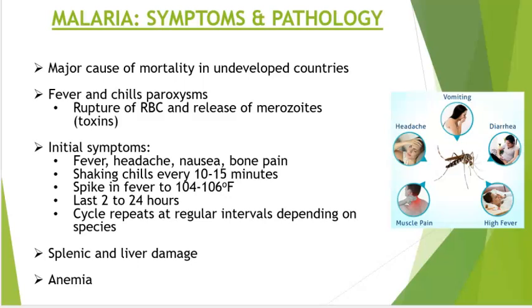There can be a spike of a fever up to 104 to 106 degrees Fahrenheit. This can last for 2 to 24 hours. There can be a cycle that repeats at regular intervals depending on the species of Plasmodium that you're infected by. You can have damage to the liver and the spleen, and of course because it affects your red blood cells you can have anemia.